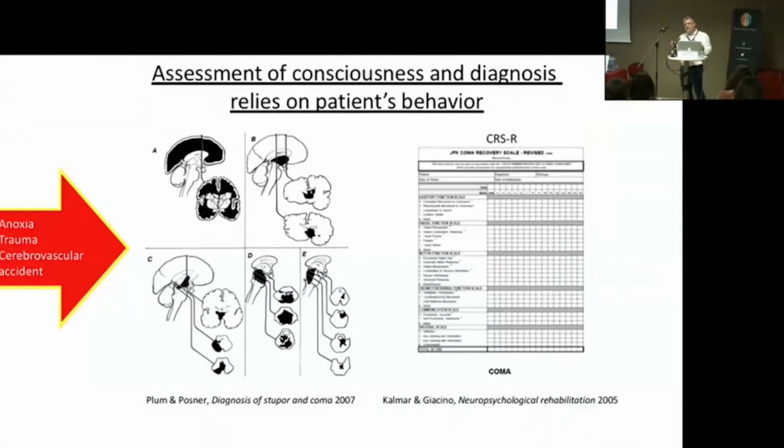Now, how do we assess? And this is the practical problem I was referring to a few minutes ago. How do we assess today in an ICU, or better in a subacute ward or in a rehab center, the level of consciousness, and how do we diagnose these steps you saw in this clinical trajectory?